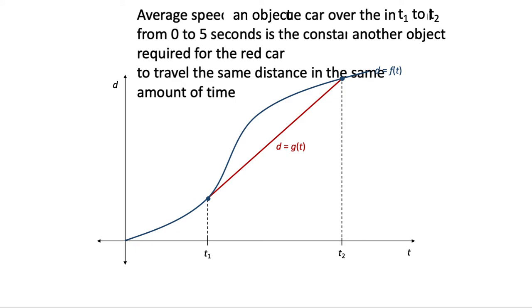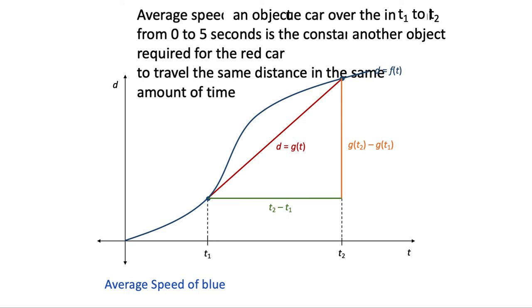Then the amount of change in time is represented by the length of this green line, and the amount of change in distance is represented by the length of this orange line. The average speed of the blue object would equal the constant speed of the red object, which would be represented by the slope of this red line.